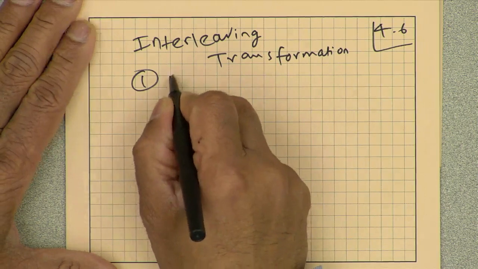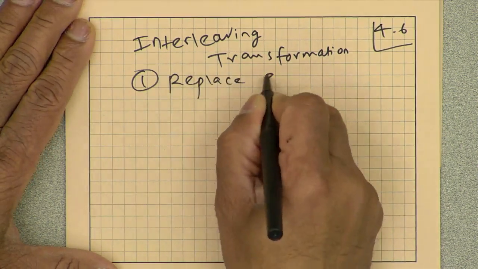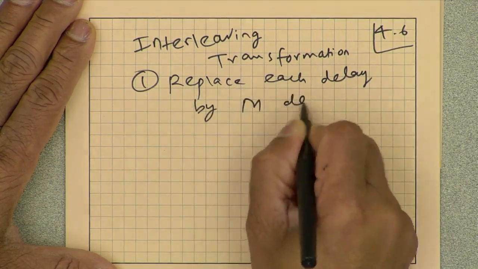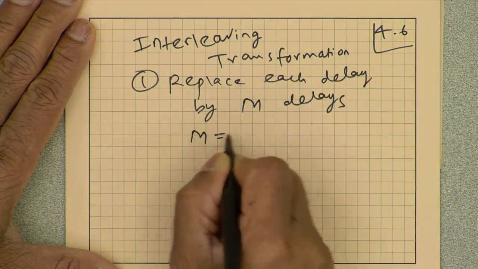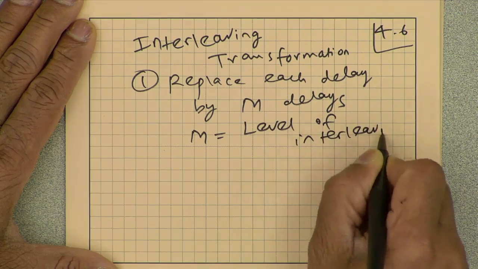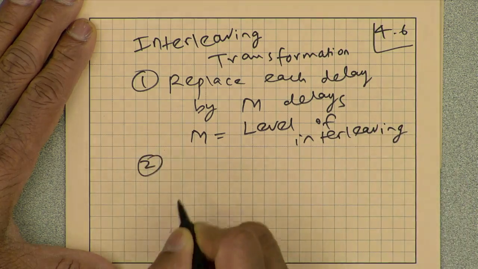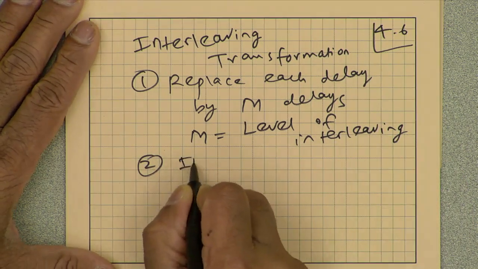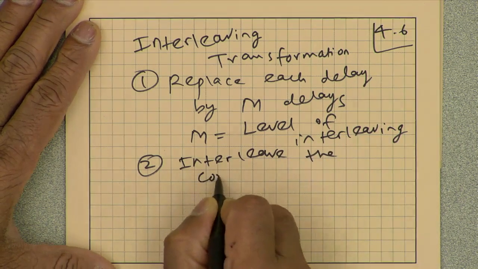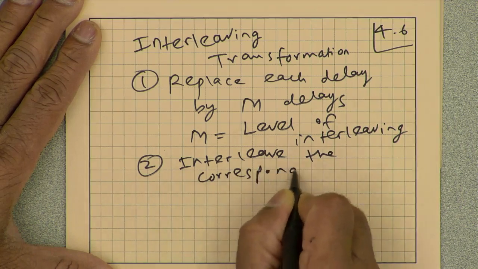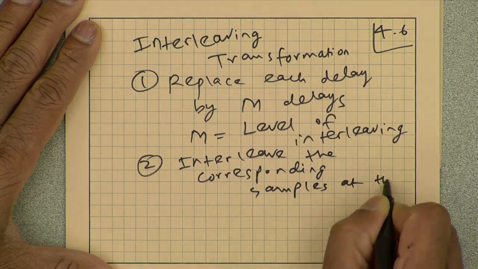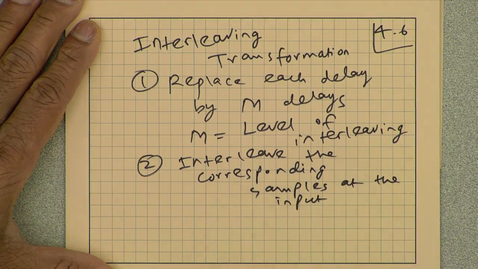One, replace each delay by m delays, where m is the level of interleaving. And then interleave the corresponding samples at the input. So these are the two steps.